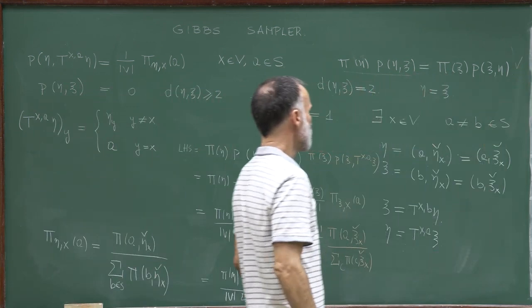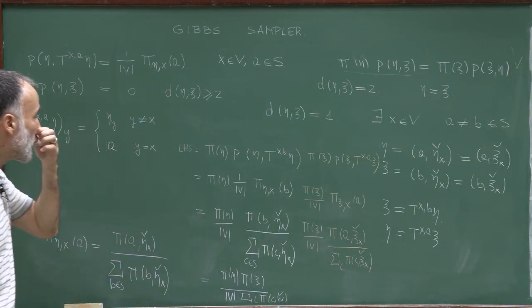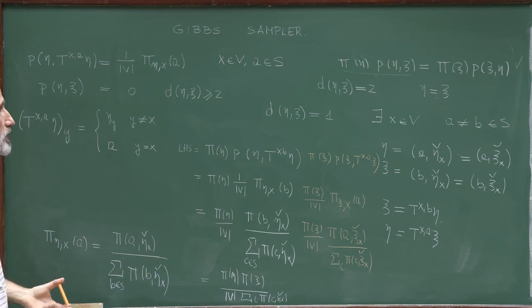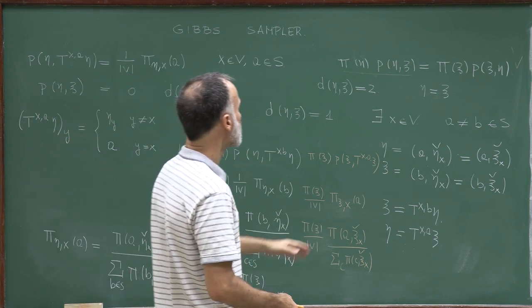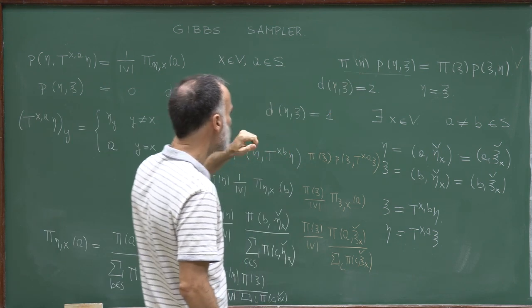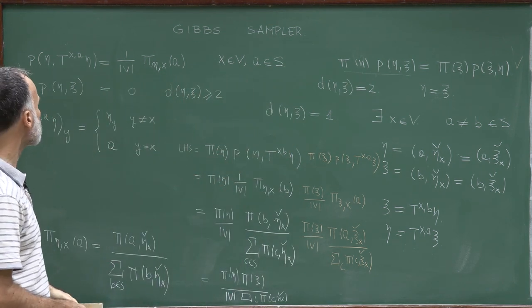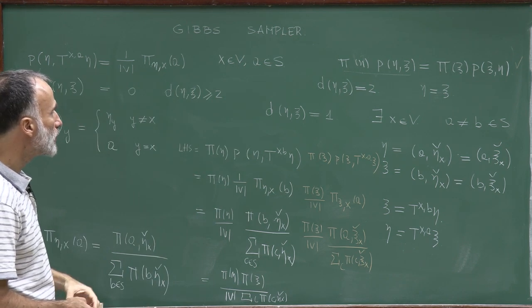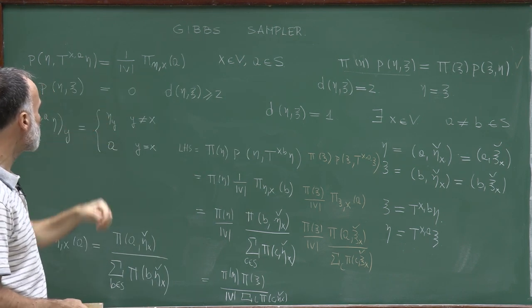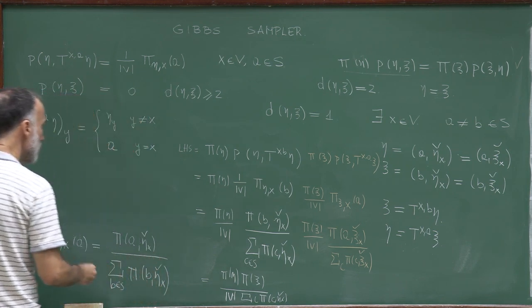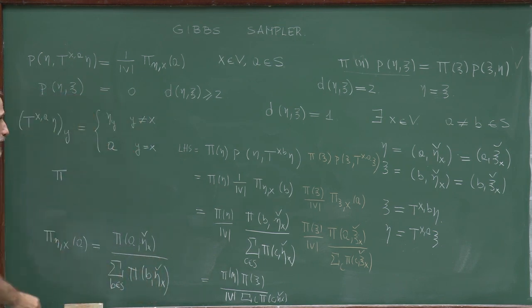And it shows, therefore, that this dynamics is invariant or reversible with respect to this measure. So if we are able to prove in our model that the chain is irreducible, we can use the Gibbs Sampler in order, well, to get a sample of pi.